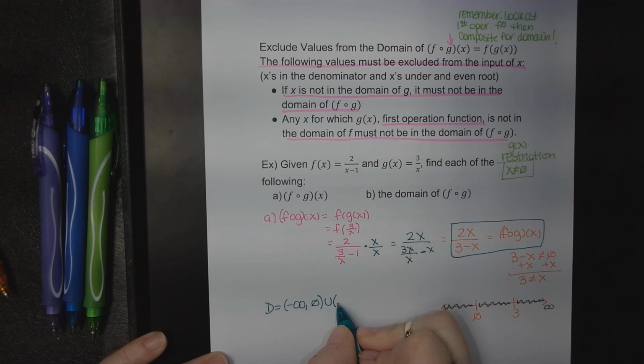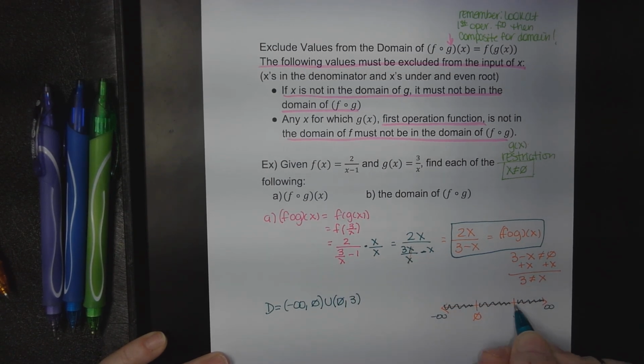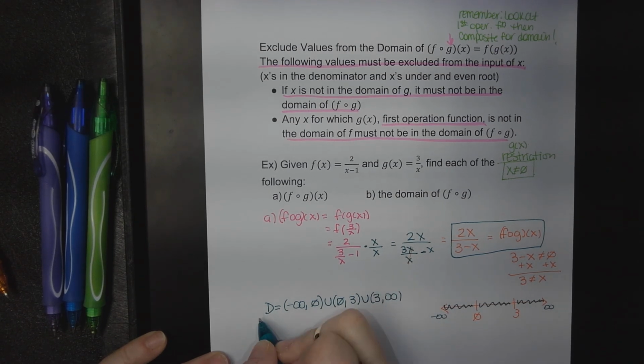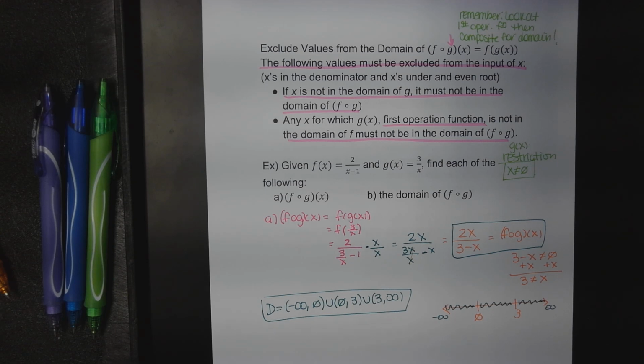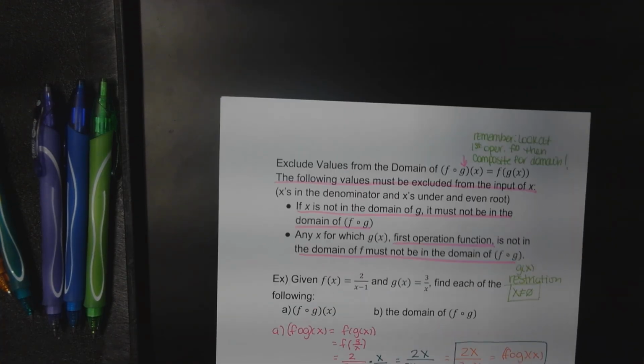We pick back up on the other side of 0, and we go to 3. We jump that 3, we come down the other side of 3, and we go to infinity. So that's how we would denote that. So that's how you deal with a restriction in your first function and in your composite, okay? Is that cool? Right on. Okay. Awesome.